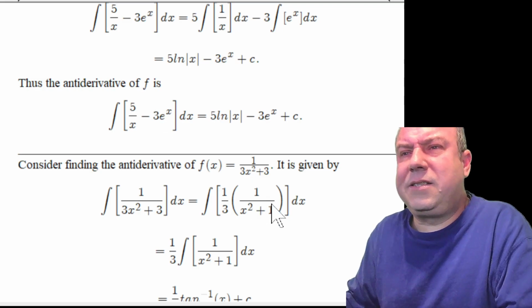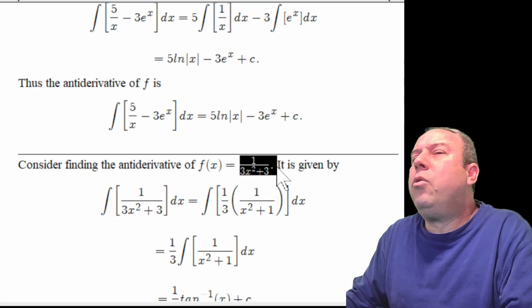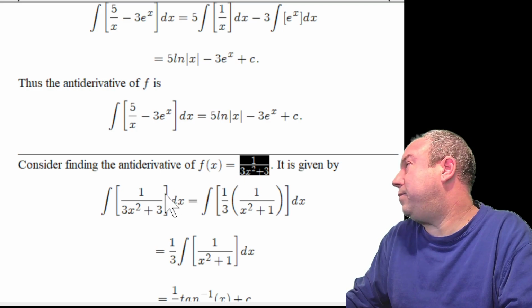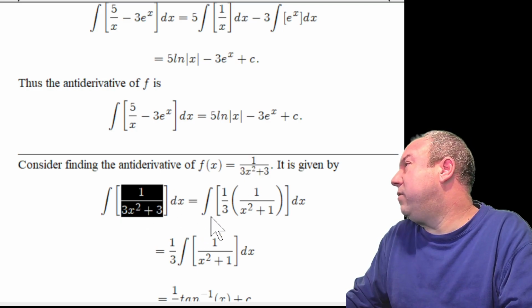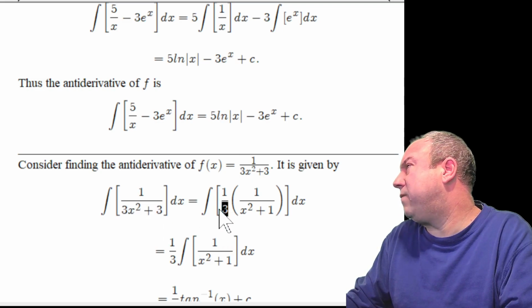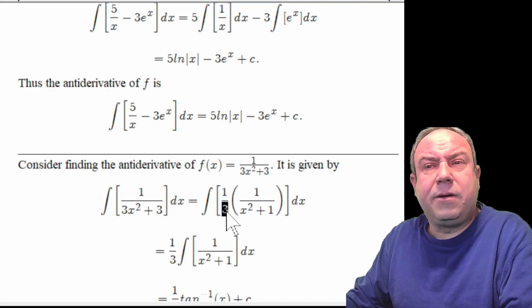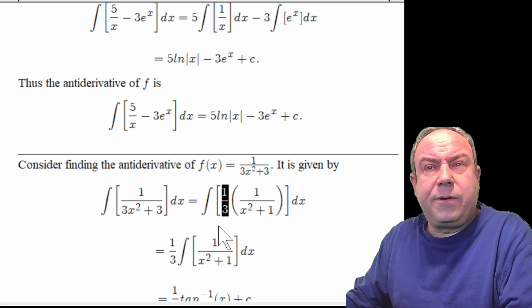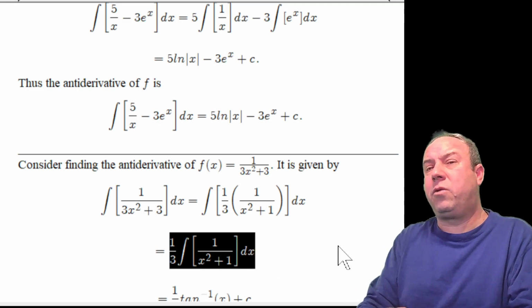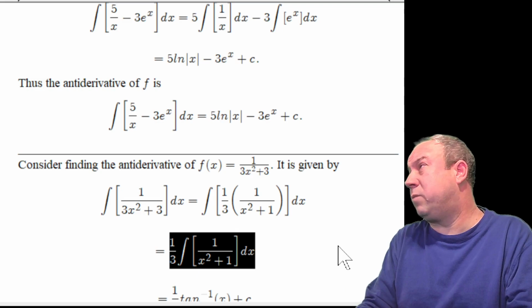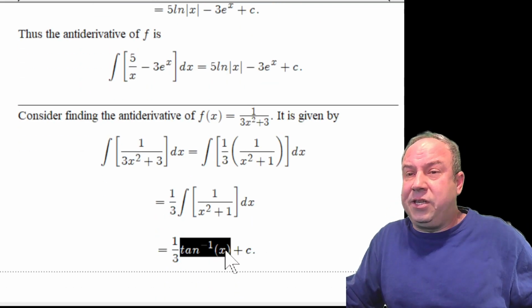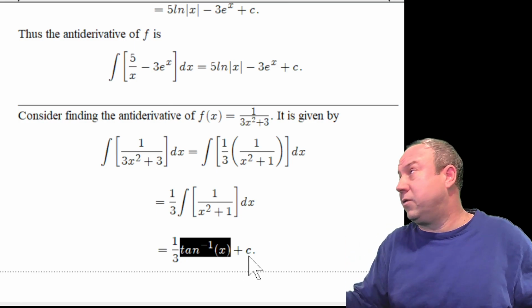Here's one last case. Consider the function 1 over the quantity 3x squared plus 3. Well, for the antiderivative of that argument, we might notice 1/3 is a constant multiple. We can factor a 3 out of the denominator as a 1/3. That 1/3 can then be factored out of the antiderivative, where we know the antiderivative of 1 over x squared plus 1 from the rules above very specifically yields the tangent inverse function.